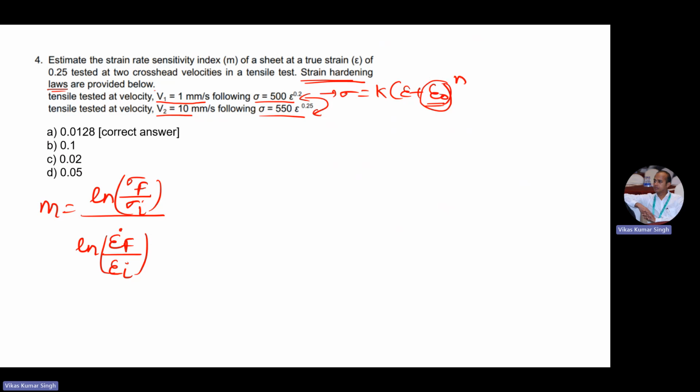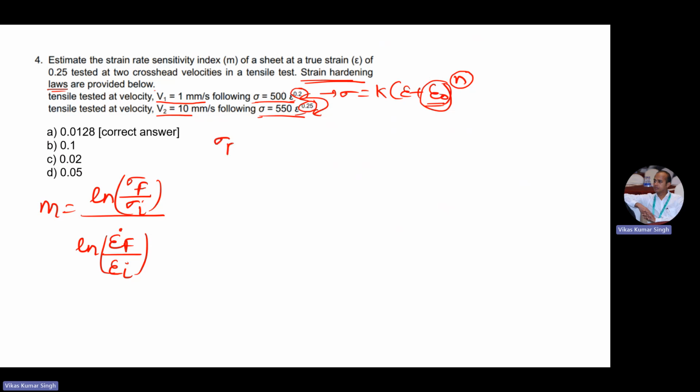So in the previous problem, if you have noticed, the n value was same, means strain hardening exponent or strain hardening coefficient was same. But here they are different. One is 0.2 and one is 0.25. Okay, so they are introducing one extra variable here, n1 and n2. So now in the previous problem we just divided this by this, so we got 500 divided by 550, or in the previous case it was 530, and this was cancelled, these two terms were cancelled. But now we cannot cancel because we have n1 and n2.